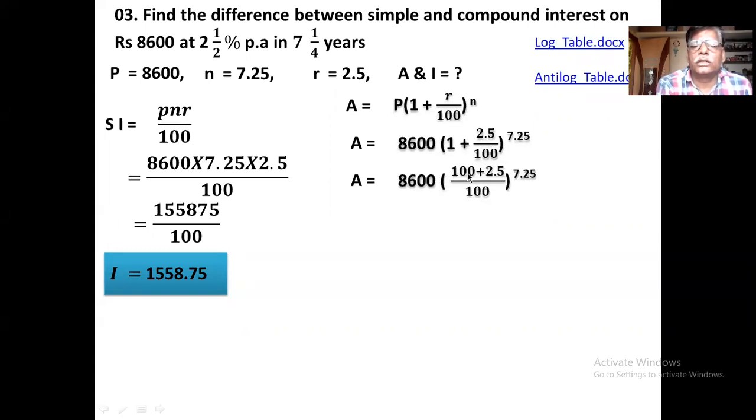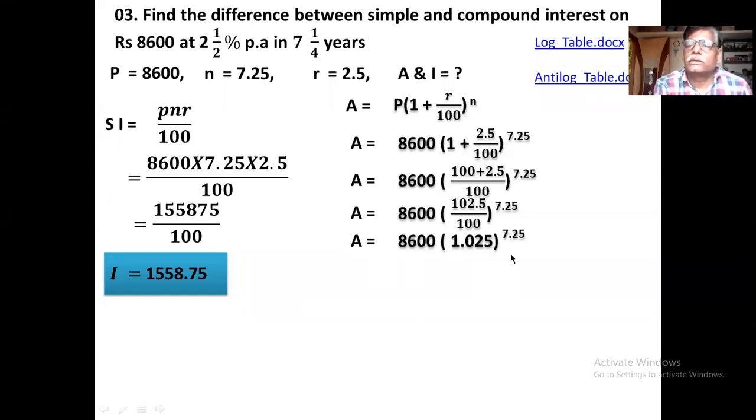So 8,600 into 100 plus 2.5 divided by 100. If you simplify this, the next step is 8,600 into 102.5 divided by 100. You add and ascertain it. Raised to 7.25. Next, A is equal to 1.025 raised to 7.25. This is the last stage.